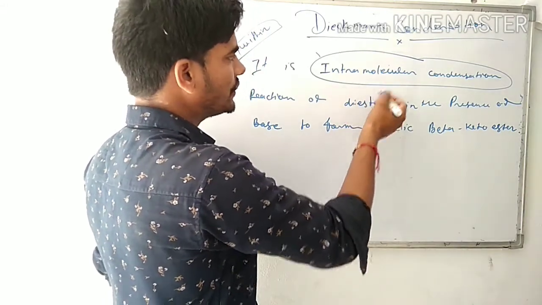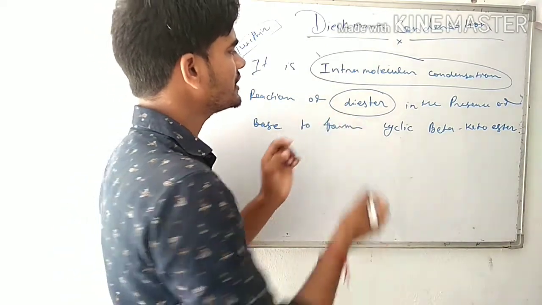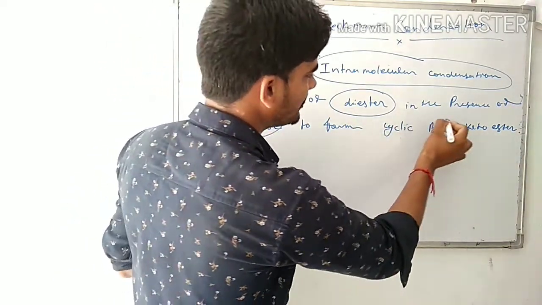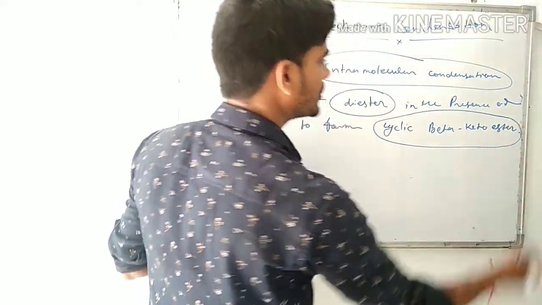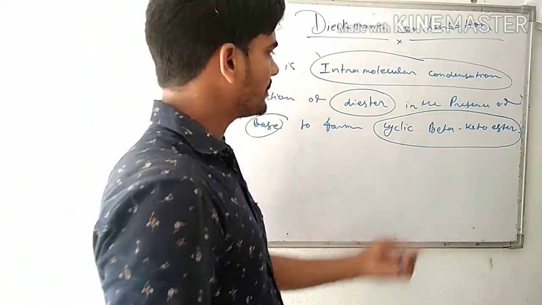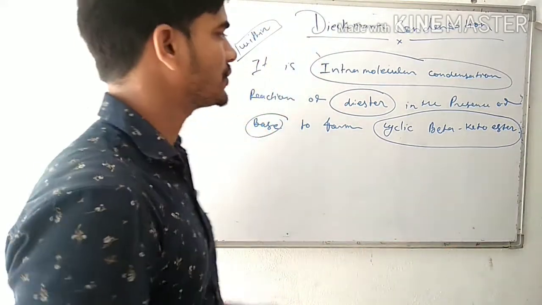Our reactant molecule is diester, in the presence of base to form cyclic beta keto ester. It means the compound is very interesting. Cyclic beta keto ester. Because by this reaction we form our desirable cyclic beta keto ester.